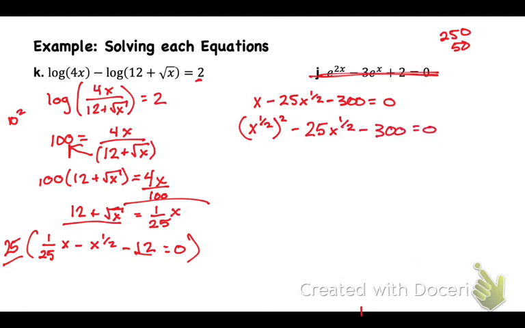Did I just make that a quadratic equation? Where did the other half come from? Exactly. What is 1/2 times 2? You just made it 1? Yes? Okay. So then can I factor it? Yes. I have factors of 300 that have a difference of 25. So I'm going to have x to the 1/2 and x to the 1/2.